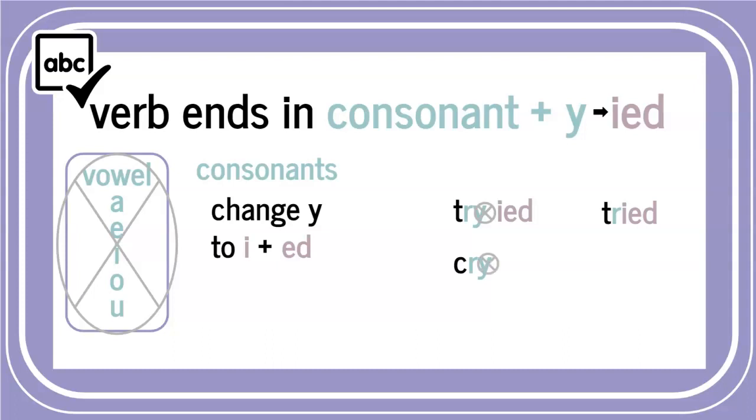We take off the Y and add IED. This becomes cried. Empty. We have T as a consonant, then the Y. We take off the Y and add IED. The verb is now emptied.